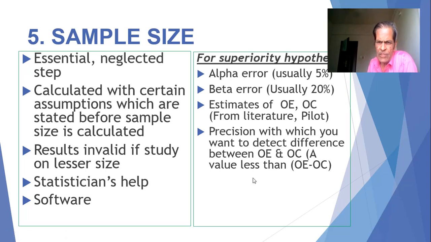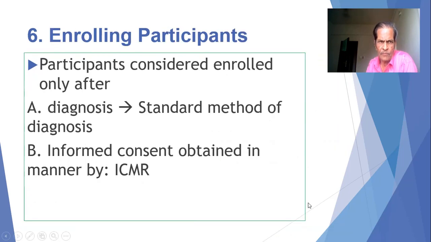If the estimate of the difference between OE and OC is 5%, then the precision has to be set to a level which is less than 5%. Usually a level of 20% of the difference of OE and OC is considered adequate.